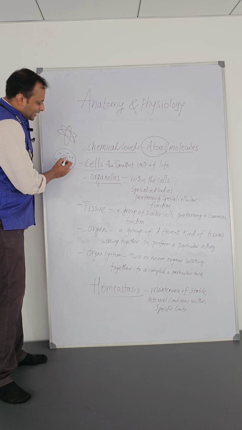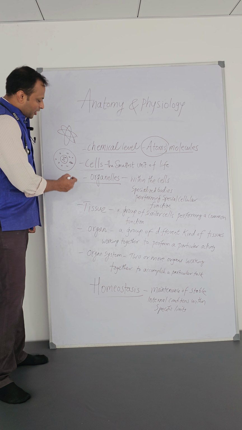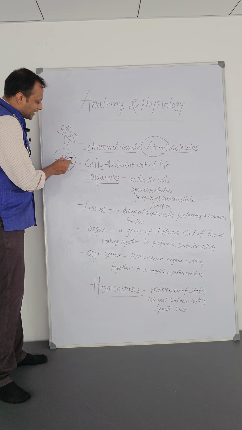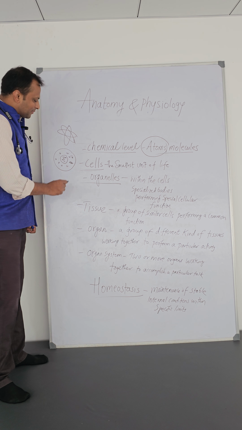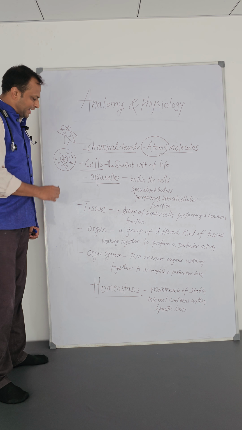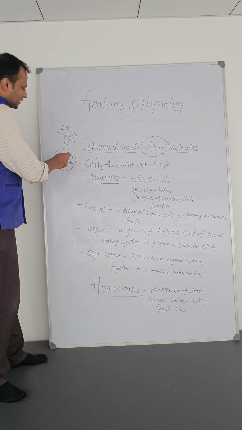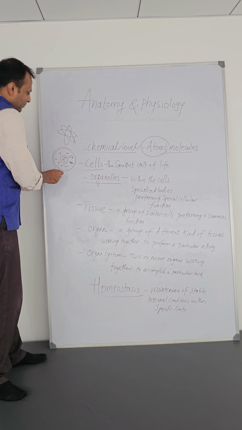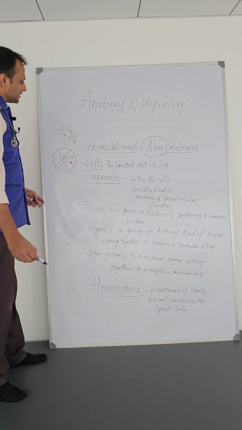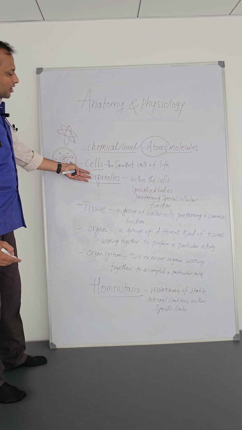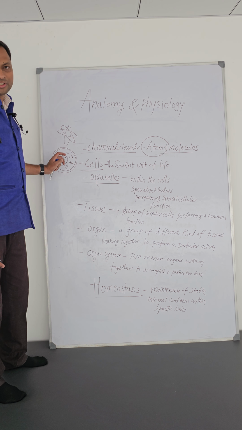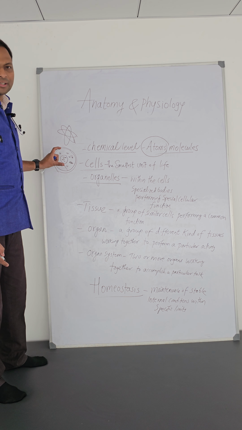Some organelles do the packing of cellular content, some organelles do the production, some organelles send signals in and out of the cells, some organelles work at the level of the cell membrane. Like this, inside the cell there are different organelles which have specific functions pertaining to that particular cell.